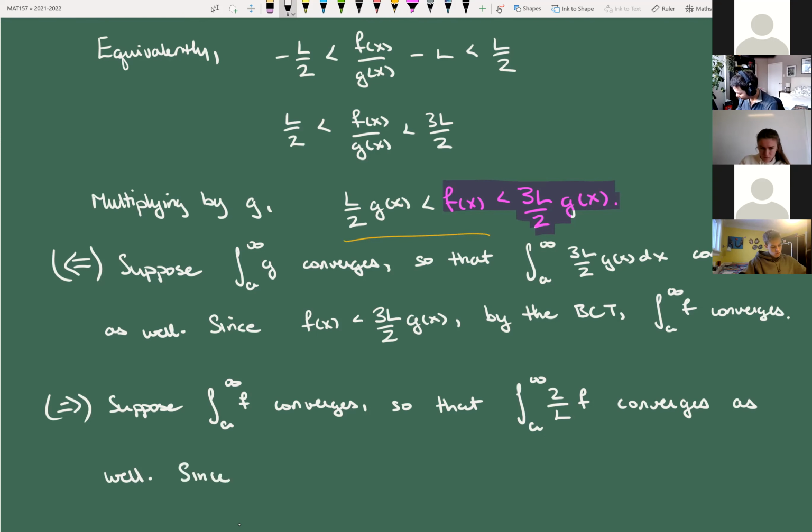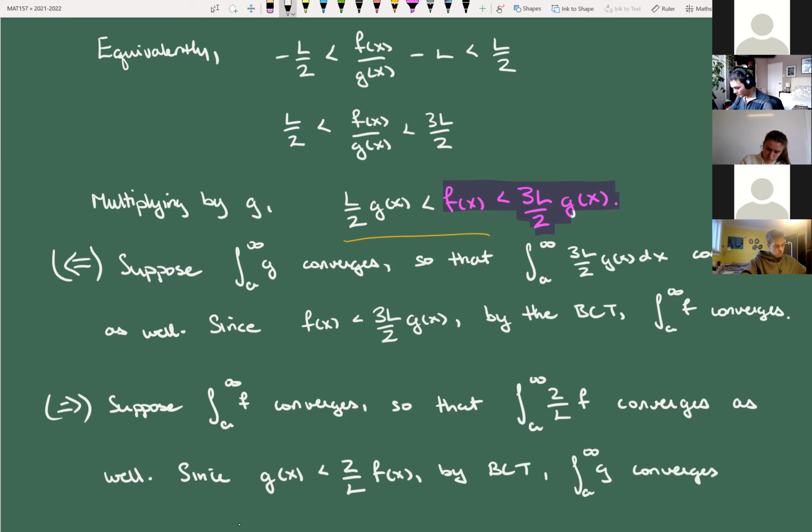Since g of x is less than 2 over L f of x, by the BCT, g converges. Right, and we're done. At the end of the day, it all comes down to this inequality, up to some constants.